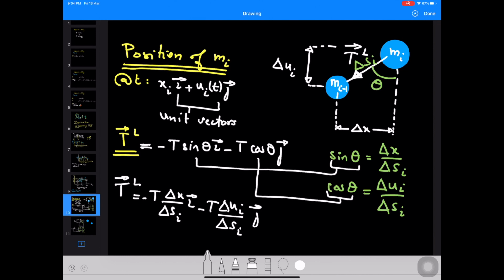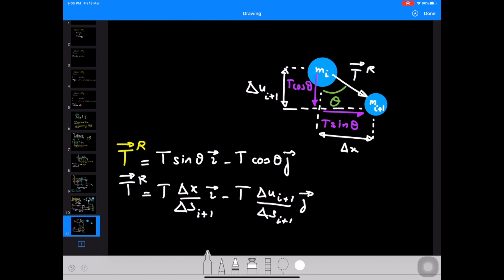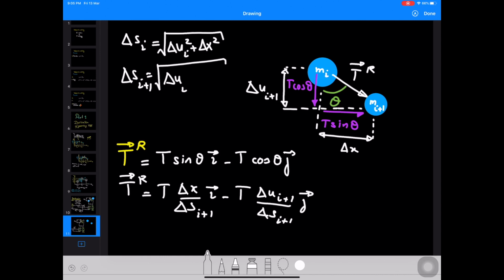Now if you recall, sine theta is delta x over delta si, and cosine theta is delta ui over delta si. So we will have T on the right side will be equal to, now delta si is equal to the square root of delta ui squared plus delta x squared, and delta si plus 1 in a similar manner will be the square root of delta ui plus 1 squared plus delta x squared.